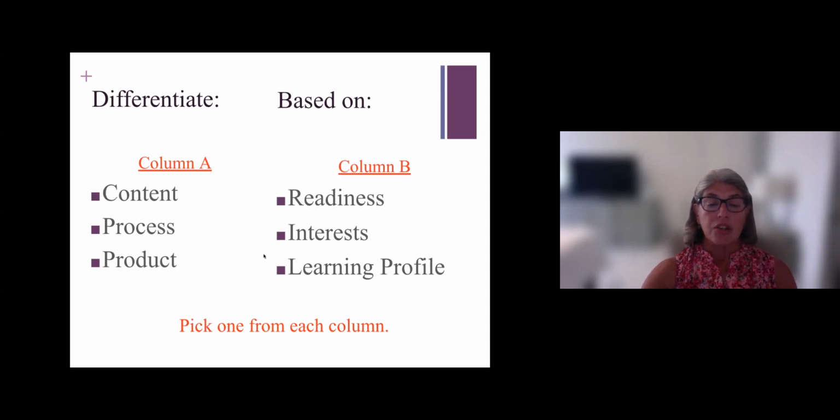And I might say, I'm going to change it based on interest. So someone might be looking at density in the context of, say, nature, while someone else is looking at food, and someone else is looking at something else. So you can see, based on your interests, you're looking at the same concept, but based on different things.